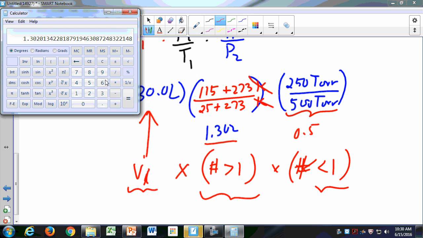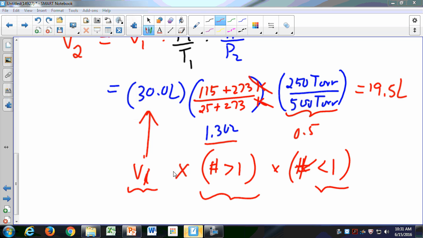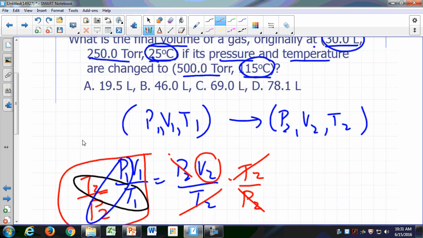So I have this 1.302 times the original volume, which is 30, times the pressure factor, which is 0.5, and so I get 19.5 liters. Okay? So the correct answer here is 19.5 liters.